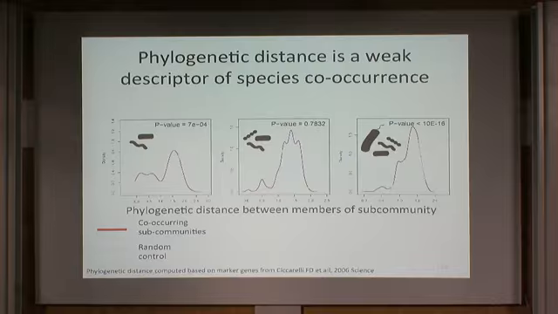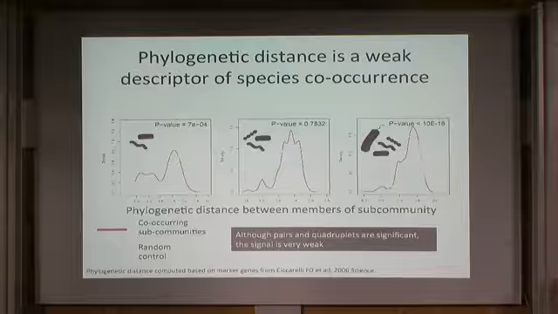The random means those were just randomly picked in a sample community, and you quantify the same metric. The red line is only for the co-occurring communities. You can see there are some significant differences between the distributions, but overall it's a very weak signal, and you cannot really say that phylogeny completely describes their co-occurrence.